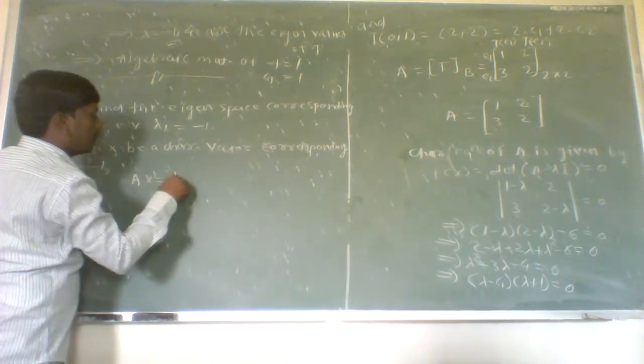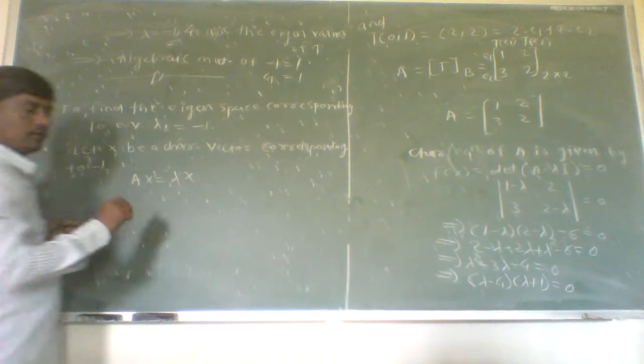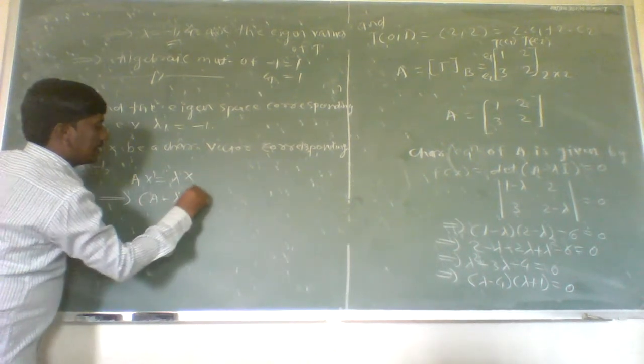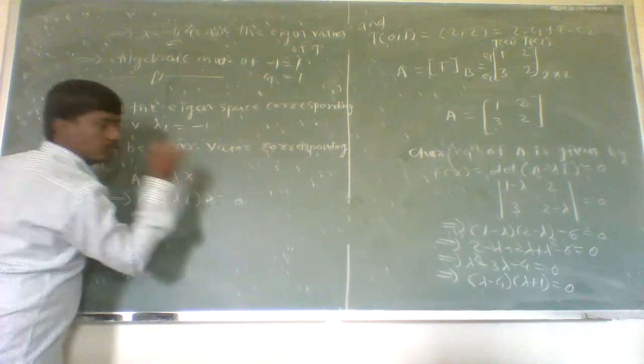Now, as x is an eigenvector, by the definition of eigenvector, it can be written as A into x equal to lambda into x, which is nothing but A minus lambda I into x equal to 0.